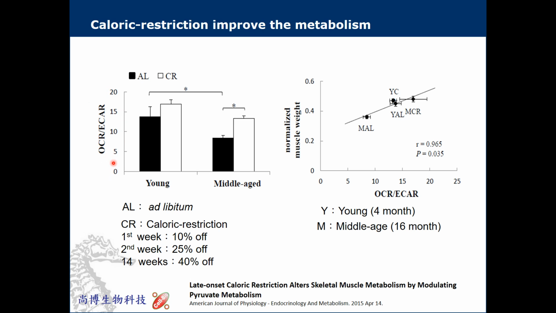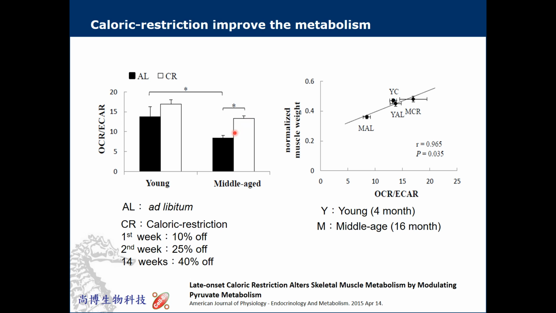You can find out it doesn't matter whether you eat normally or with restriction, the cell metabolism is almost the same. But if you keep eating normally in middle age, your OCR divided by ECAR will decrease, but you can keep it the same if you do the calorie restriction.